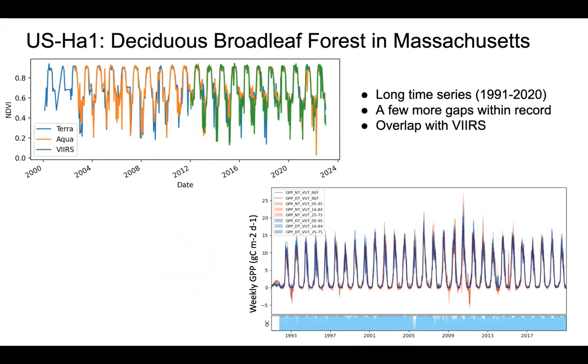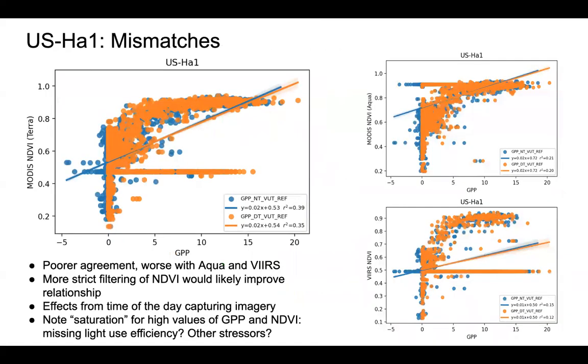Looking at another site, this is a deciduous broadleaf forest, and it's a very long time series, so we'll have plenty of opportunities to compare to different products. But there are a few more gaps that we were not able to fill with high confidence. This is something we should keep in mind when doing these comparisons. And here we see some of these effects.